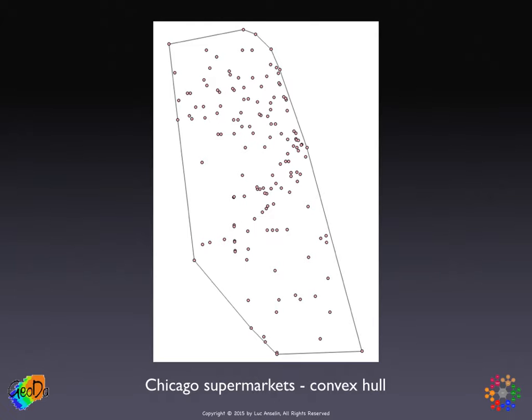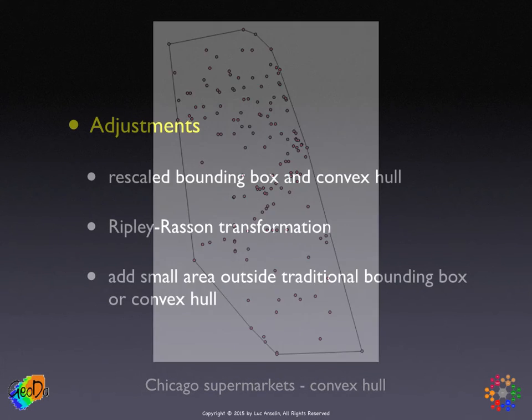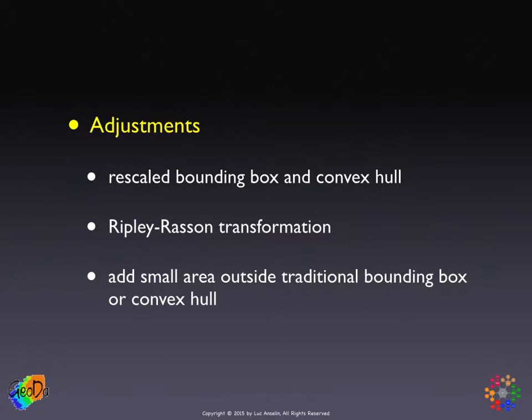In the literature, there have been a number of adjustments where, in essence, the bounding box or the convex hull are scaled out just a little bit. In a number of software packages, this is implemented and referred to as the Ripley-Rasson transformation.